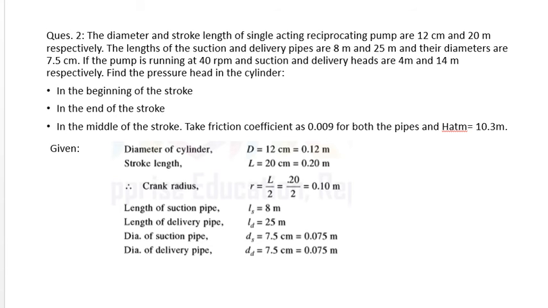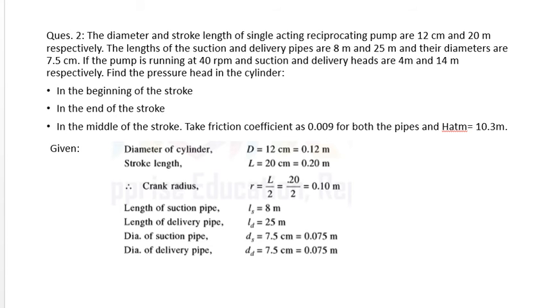If the pump is running at 40 rpm and suction and delivery heads are 4 meter and 14 meter, find the pressure head in the beginning of the stroke, in the end of the stroke and middle of the stroke. Frictional coefficient is given, that is 0.009 for both the pipes, and atmospheric pressure head is 10.3 meter.